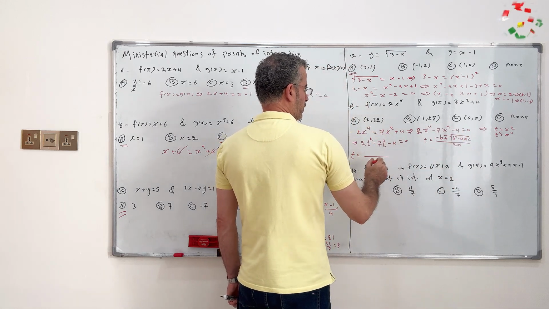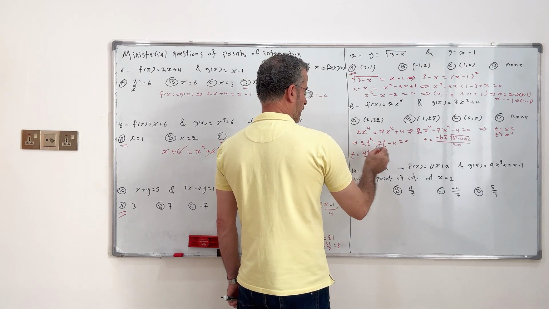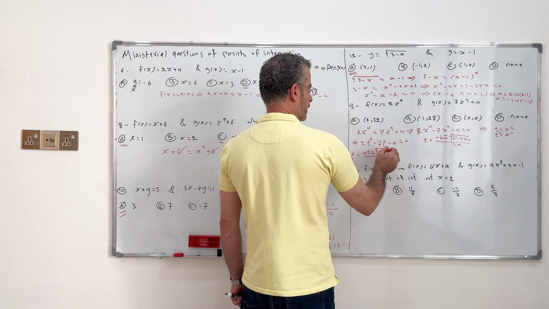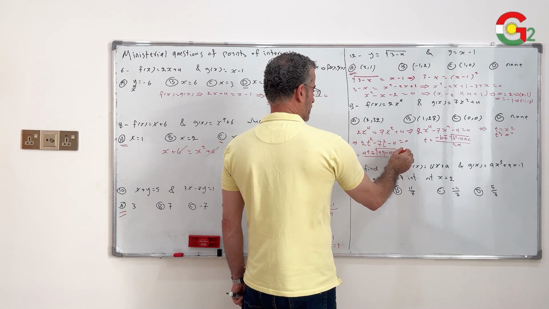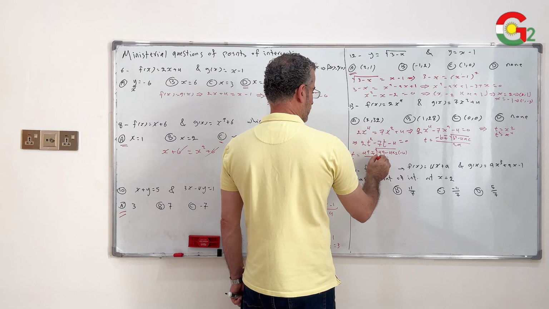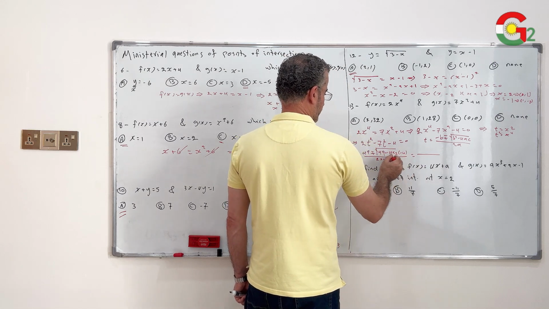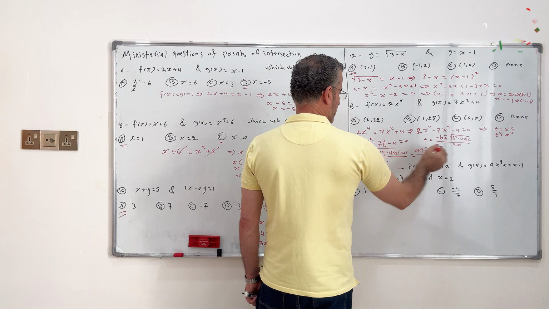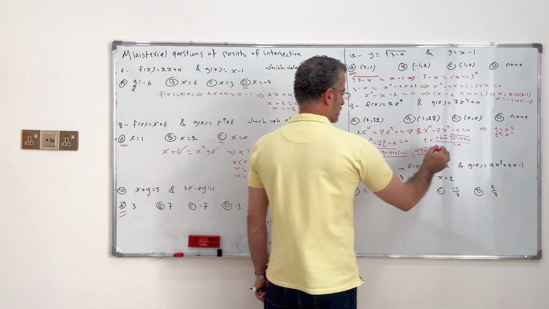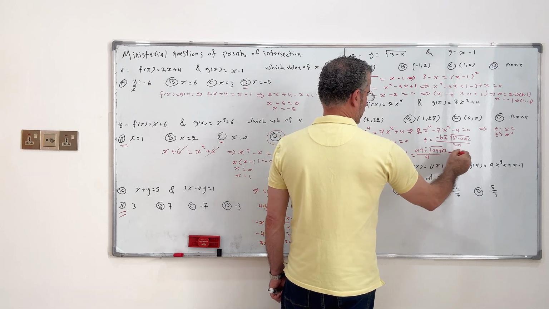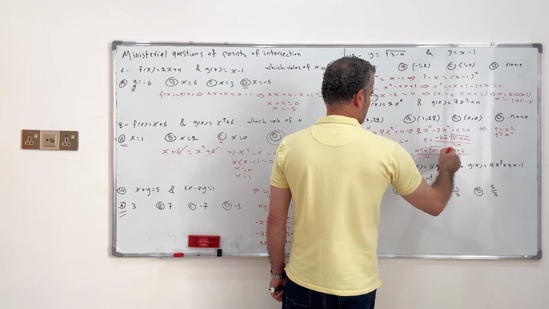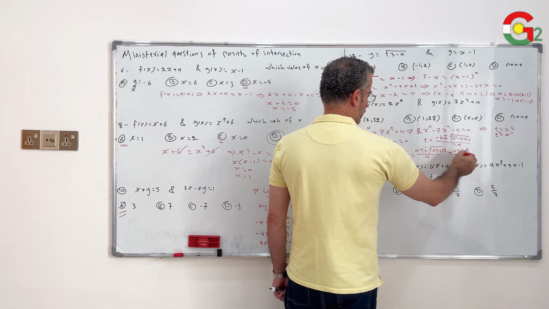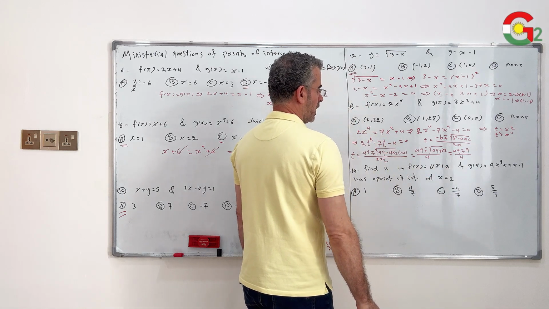Then t will be equal to minus b, 7, plus or minus square root of 49 minus 4 times 2 times negative 4, over 2 times 2. 49 plus 32, it's 81. Square root of 81, it is 9 over 4.